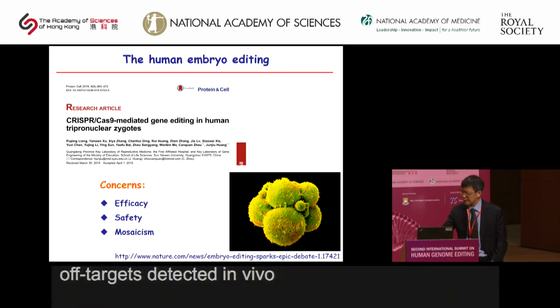And once Junzhou first demonstrated the successful targeting by CRISPR in human discarded tripronuclear zygotes, it raised concerns about the efficacy, safety, and modality of the CRISPR.